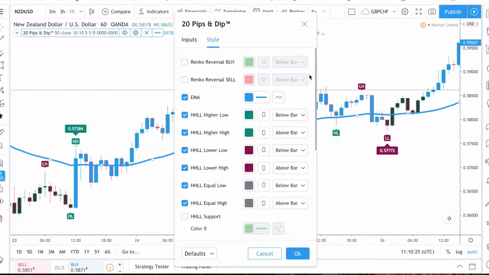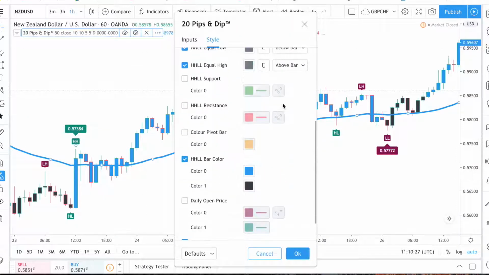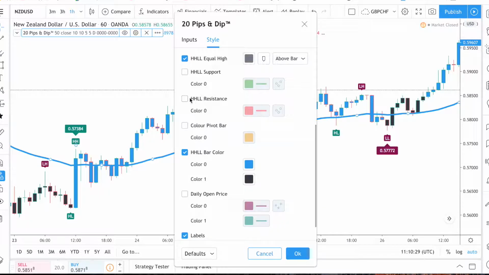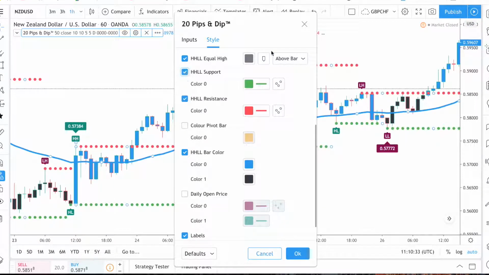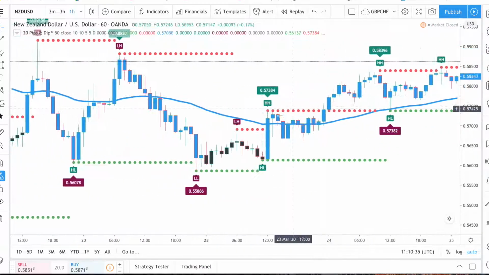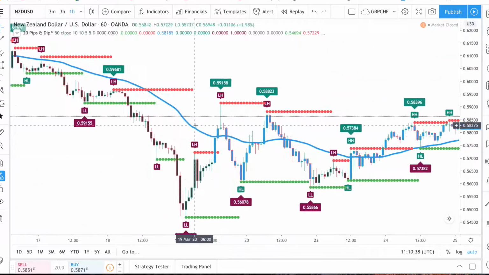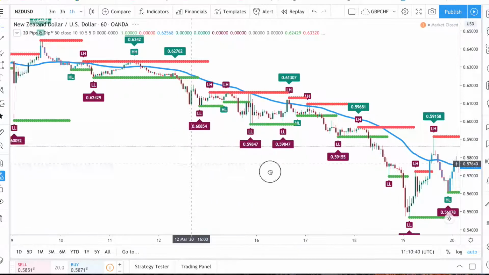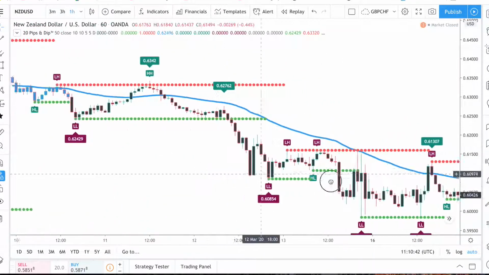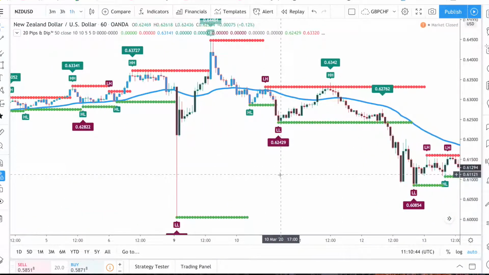The next addition that we're going to have in our 20 pip and dip indicator is obviously going to be some key support and key resistance levels. Now, what do you know about resistance and what do you know about support? When the market is pushing us to the downside, it's known as resistance, right?